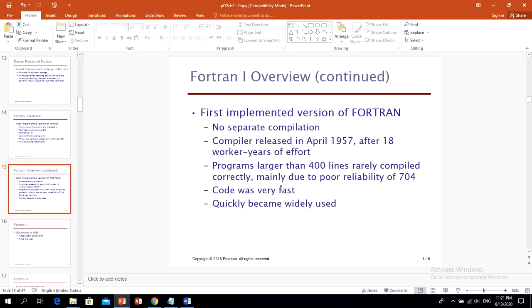There might be some sort of difficulty compiling big programs, and this is because of the poor reliability of the machine itself. I'm talking about the IBM 704 machine, and after that it became widely used after the implementation of the compiler.